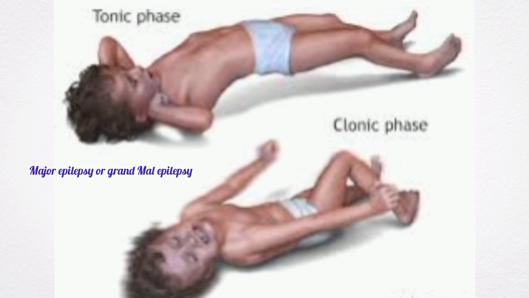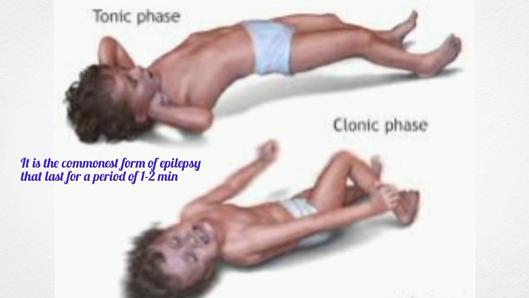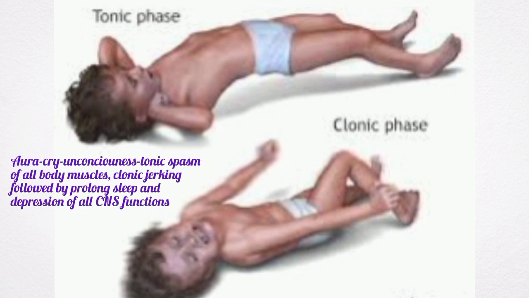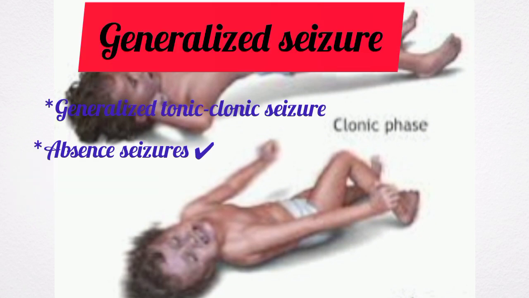It is the commonest type of epilepsy, which usually lasts for a period of 1 to 2 minutes. The usual sequence is aura, cry, unconsciousness, tonic spasm of all body muscles, clonic jerking followed by prolonged sleep, and depression of all the central nervous system functions.